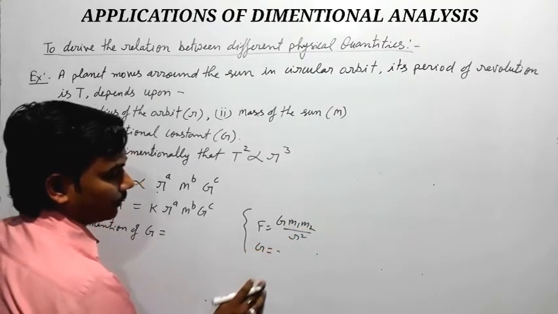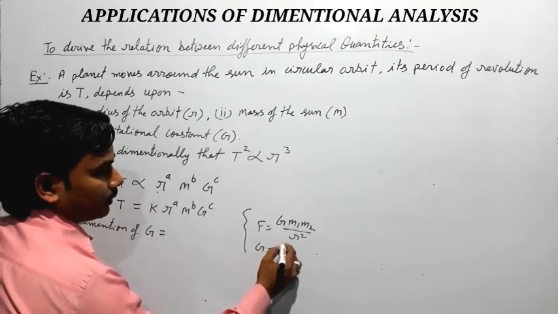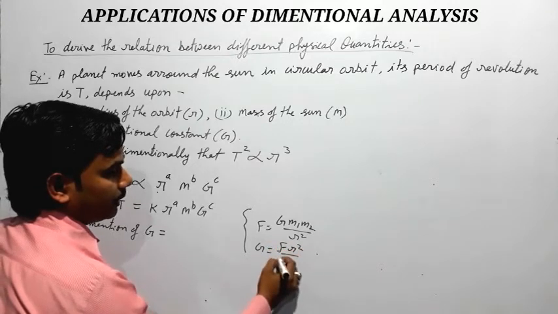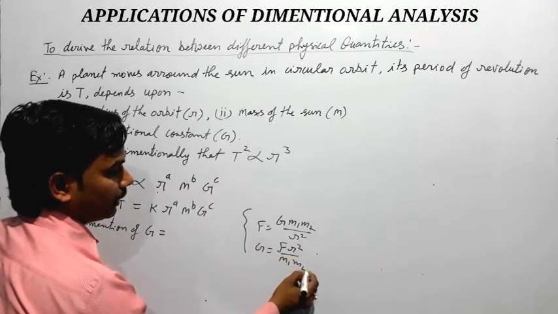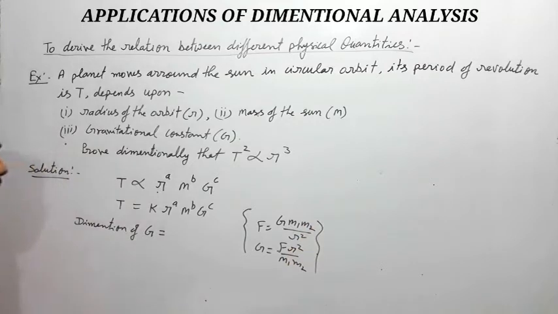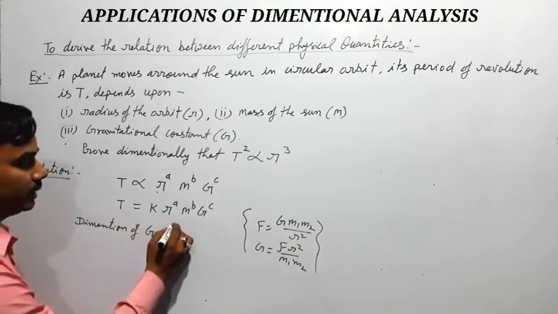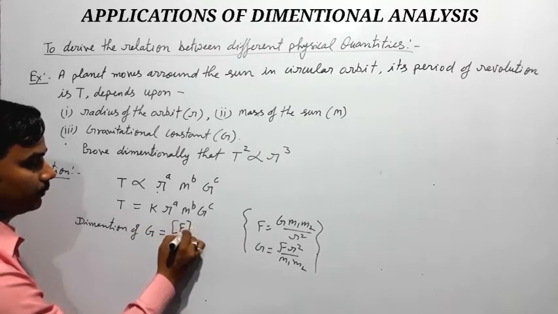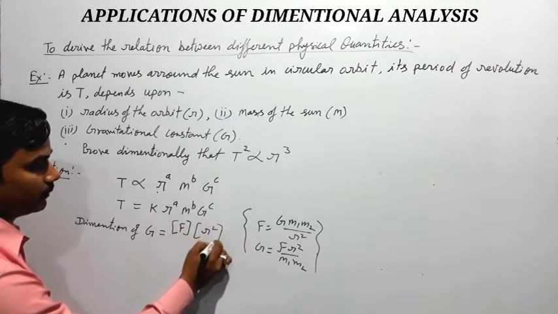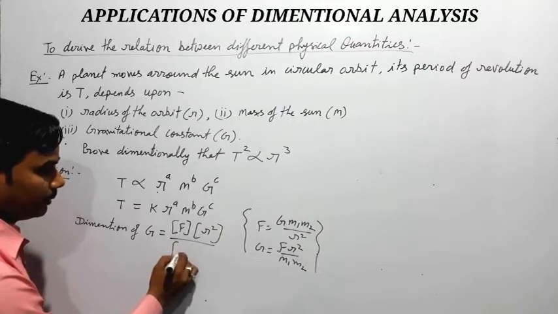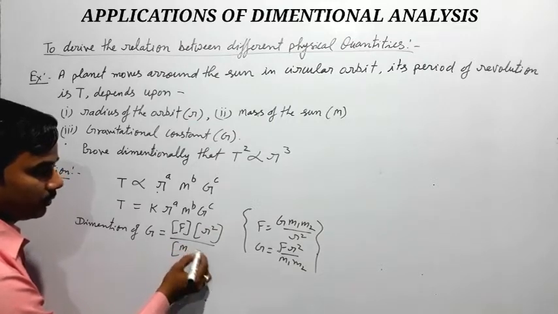So the formula for G is F into r squared divided by m1 m2. This is the formula for the universal gravitational constant. So the dimension of G can be written as the dimension of F into the dimension of r squared divided by the dimension of m1 and the dimension of m2.